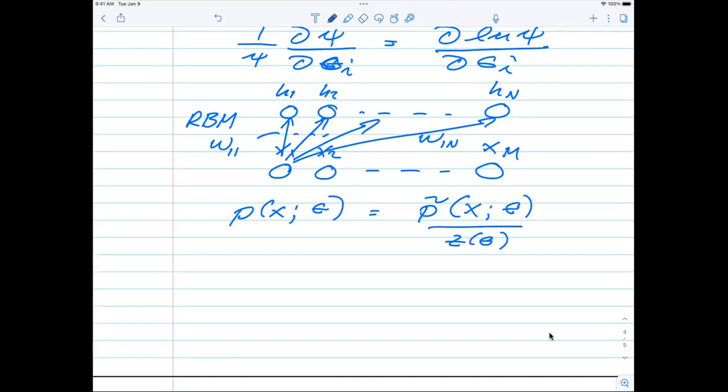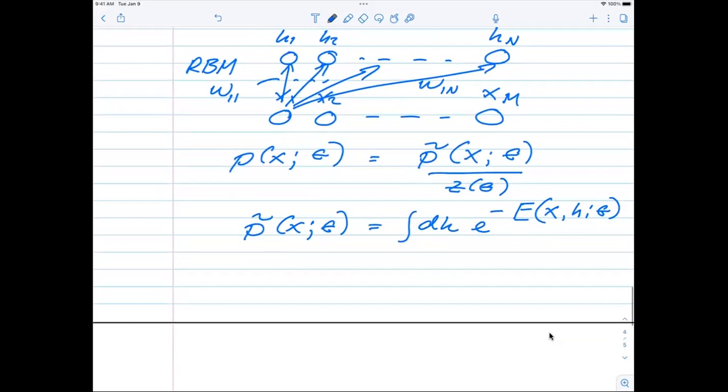And I just want to remind you of this p tilde of x and theta, which is now going to be either an integral or a sum over dh, and then I have e to the minus beta, and we are going to put beta, the inverse temperature, to 1. And then we have x, h, and these parameters theta. This is the definition of that quantity.